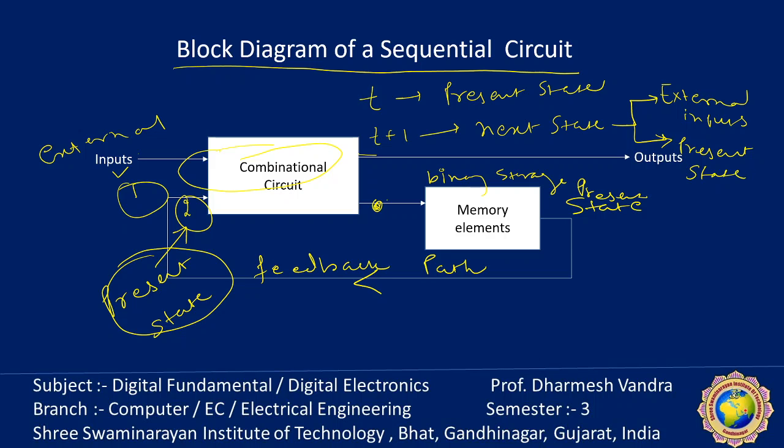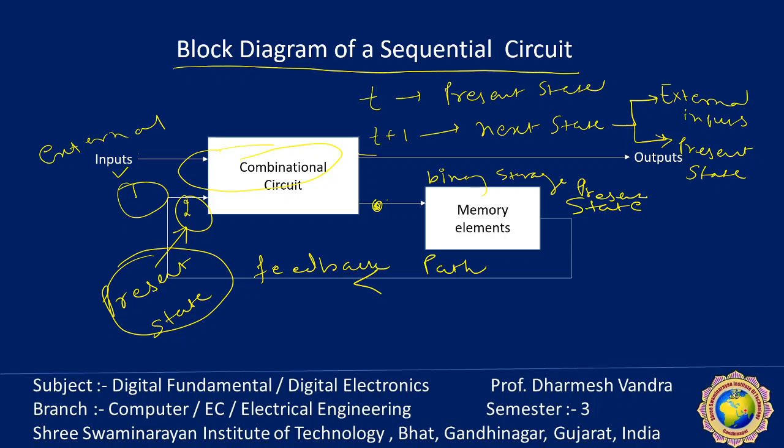The next output also depends on the present output. The next state of the memory element is also a function of the external input and present state. Thus, a sequential circuit is specified by the time sequence of input, output, and internal state.